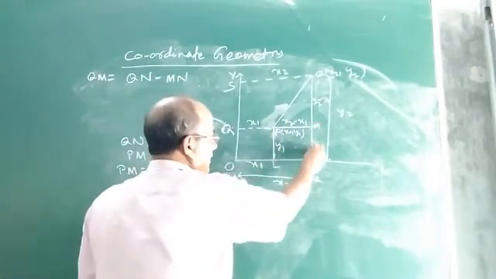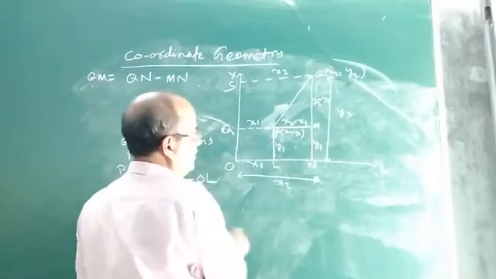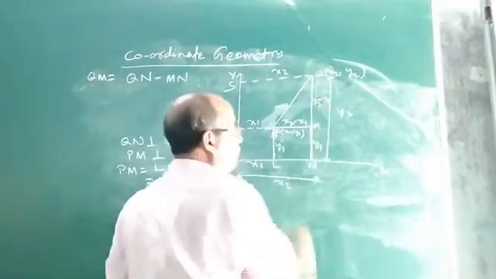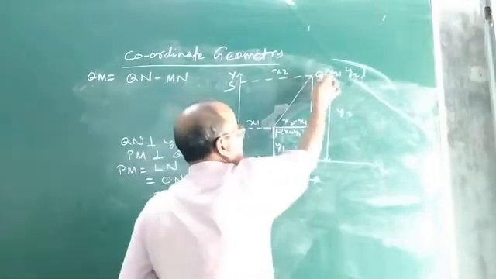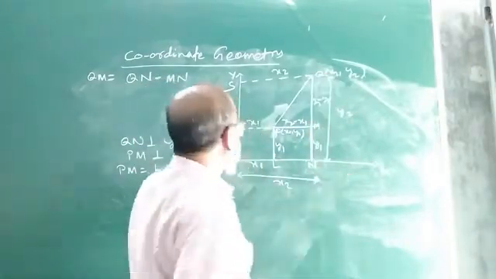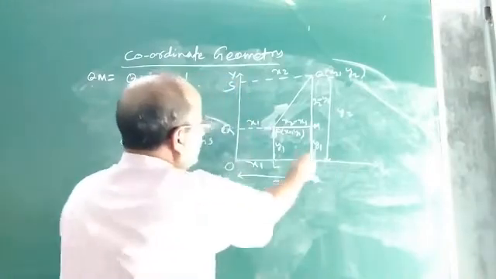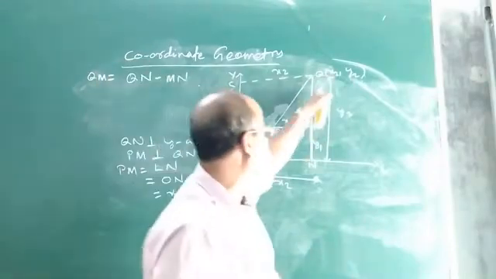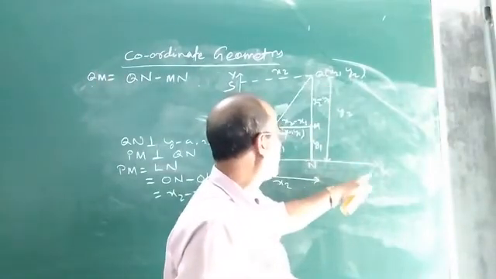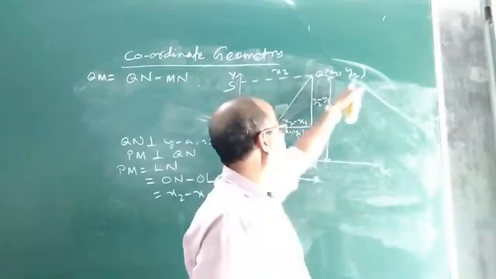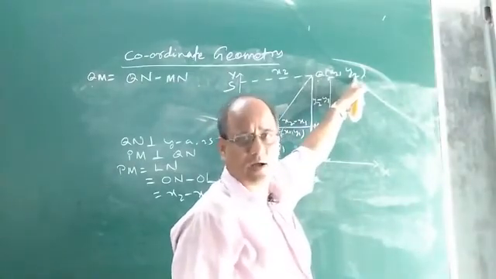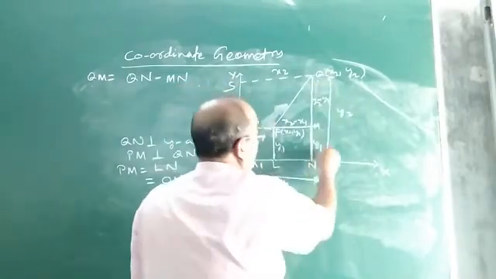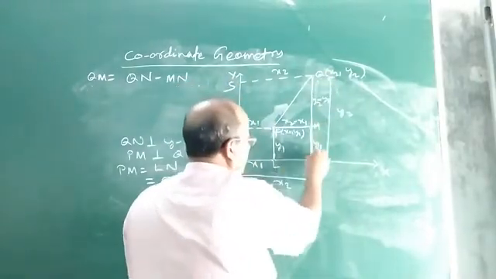The length of QN is y2 because it is the distance of the point Q from the x-axis. Y coordinate means its distance from the x-axis. So QN will be equal to y2 and MN will be equal to y1.